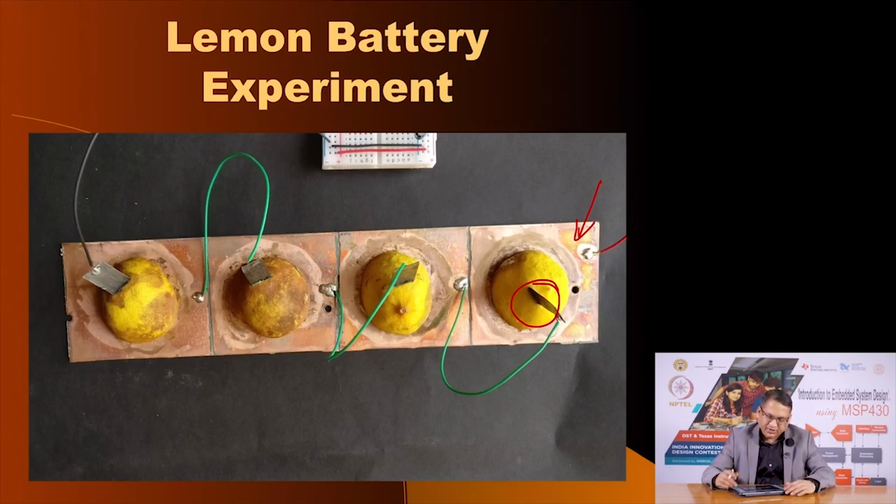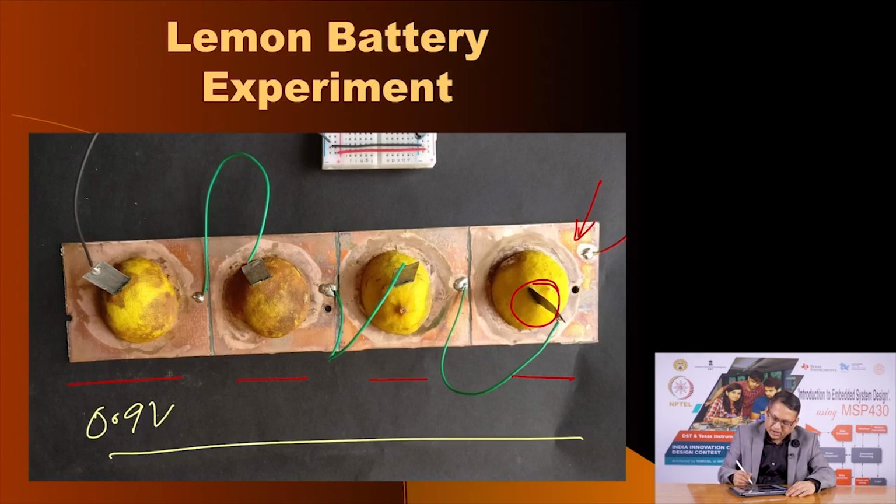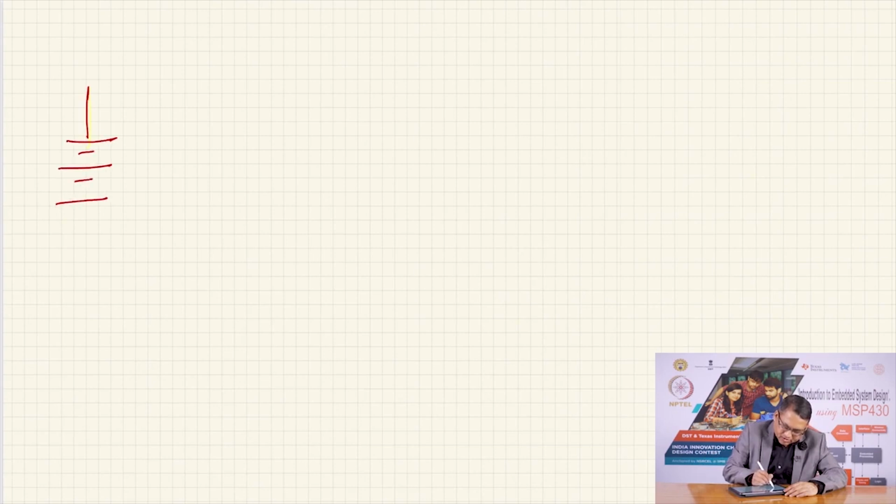And using this combination, these are 4 cells, and each of these cells produces 0.9 volts. So roughly from this battery you get about 3.6 volts, and using a setup which was like this, this is the lemon battery, 1, 2, 3 and 4. We connected it to a microcontroller MSP430.